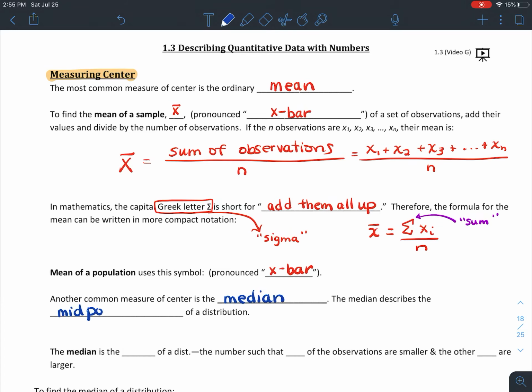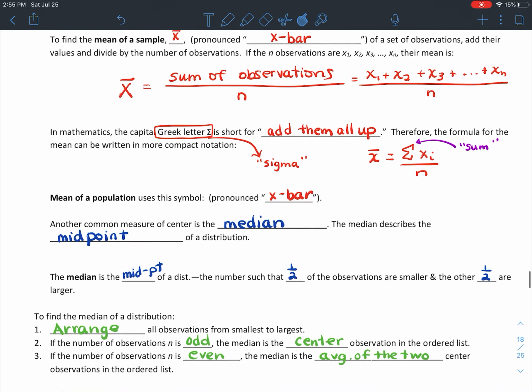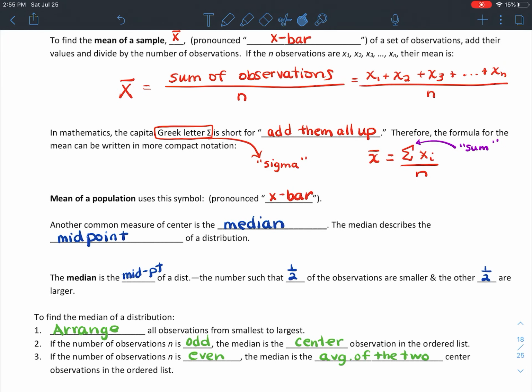The median describes essentially the midpoint of your distribution. It is the number such that half of the observations are smaller and the other half of the observations are larger. To find the median of a distribution, you have to arrange all of your observations in order from smallest to largest.